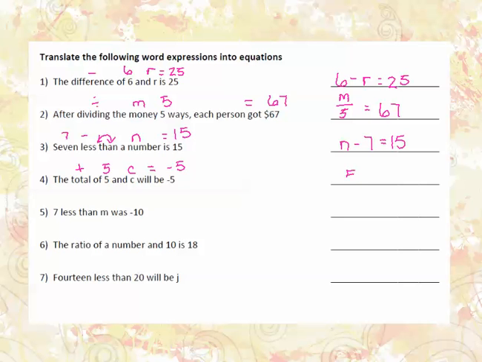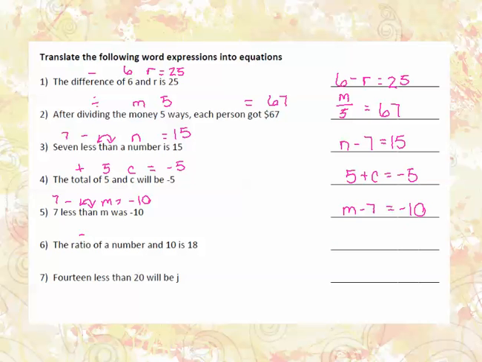So we have 5 plus c equals negative 5. 7 less than, watch that flip word, m, was negative 10. So I'm going to rewrite it, m minus 7, I have that flip word, equals negative 10.